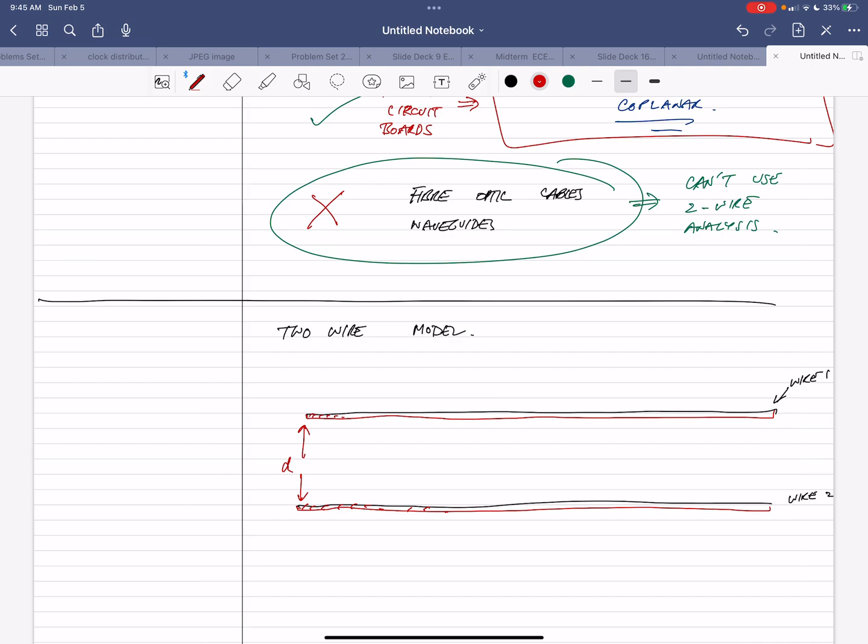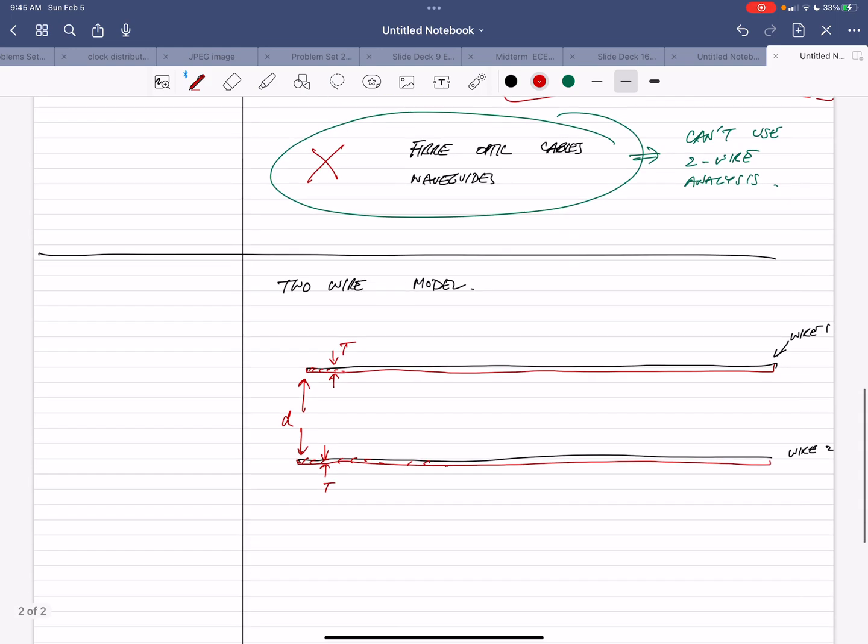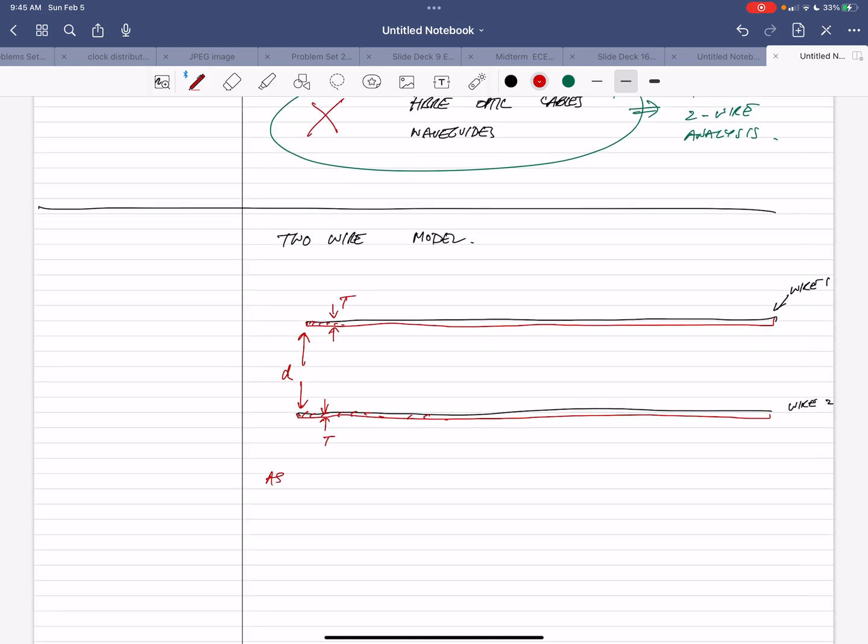So if D is the separation between the wires, and the thickness of the wires is T, then assumption 1 is that the thickness is much smaller than the separation between the wires.